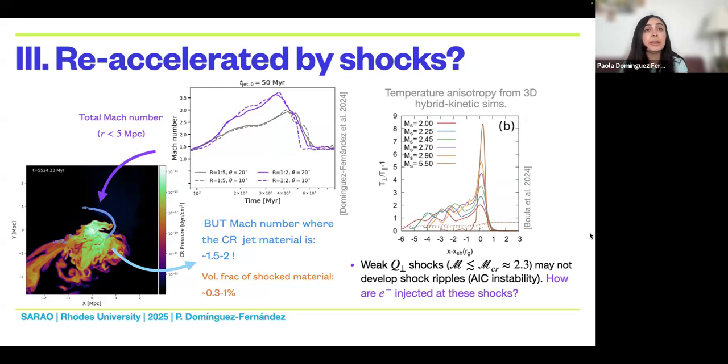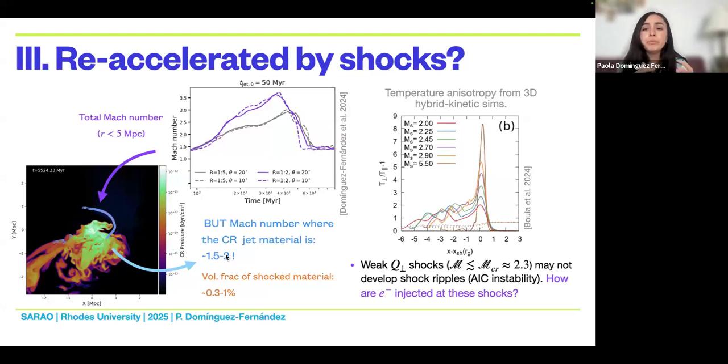And it doesn't matter if they are thermal or they are fossil. So as of now, it seems that there is a critical Mach number below which the injection into DSA is not happening. This critical Mach number is actually 2.3. And what we are detecting in our large scale simulations is just lower than that.